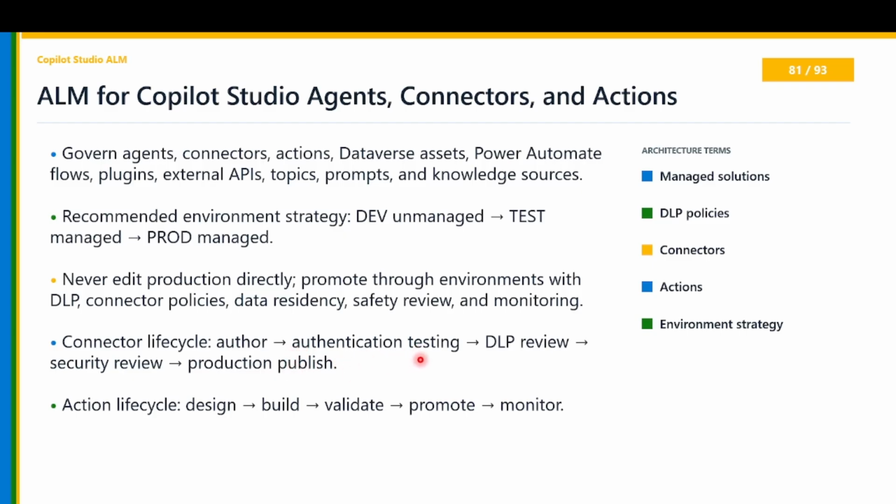You have the authentication. Connectors should be authenticated before they are authorized. Then we have the data loss prevention review. This is to set guardrails and compliance. We have the security review to check the assets that the connector has, the role-based access control, and then we have the production publishing.